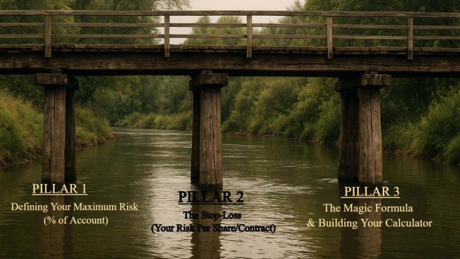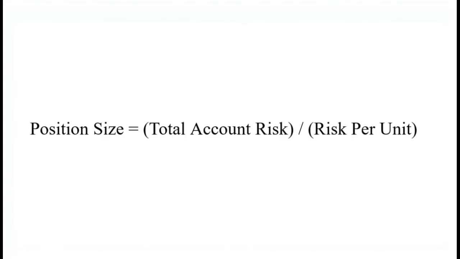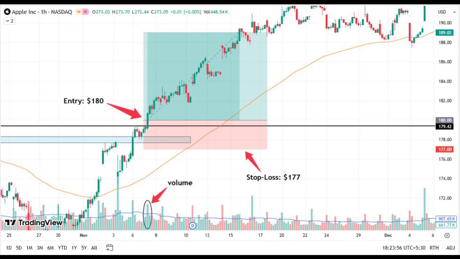Pillar 3, the magic formula and building your calculator. Now for the magic. We bring Pillar 1 and Pillar 2 together. Position size equals total account risk divided by risk per unit. It's that simple. Let's plug in our numbers from before. 1. Stock, AAPL.